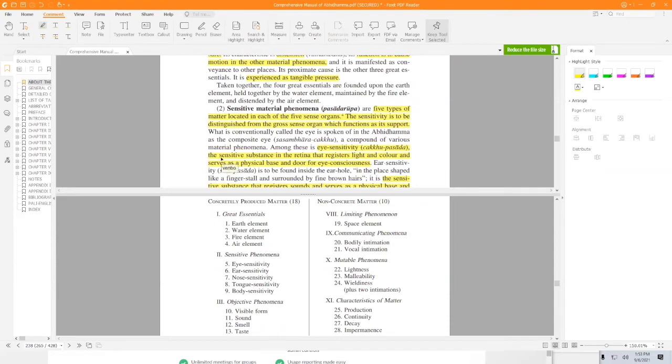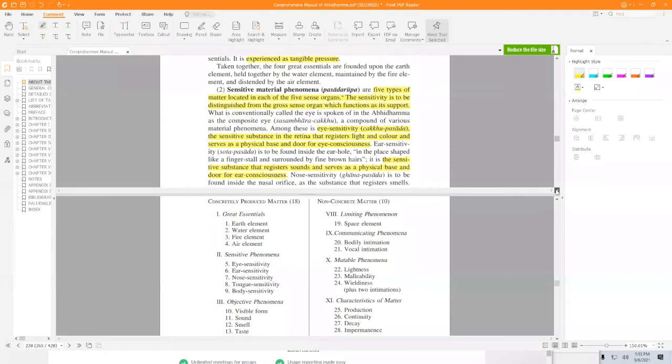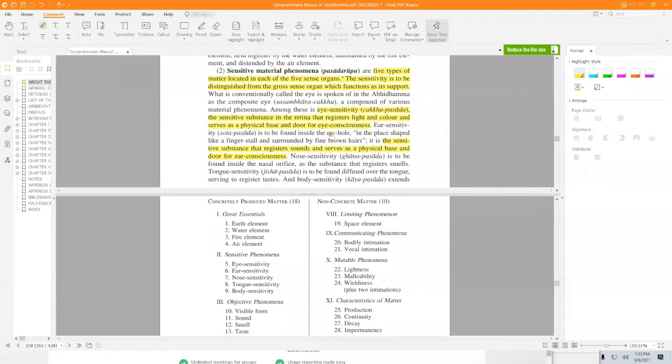That is the sensitive substance, maybe in the retina, that registers light and color, and that serves as the base and door for eye consciousness. Similarly, ear sensitivity is a subtle substance found within the inner ear, which registers sounds and serves as the base and door for ear consciousness.